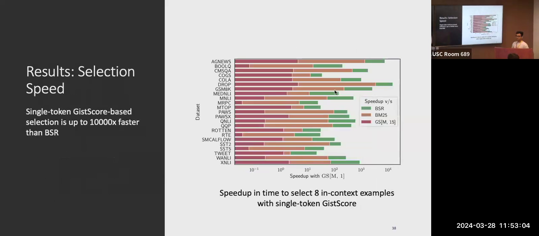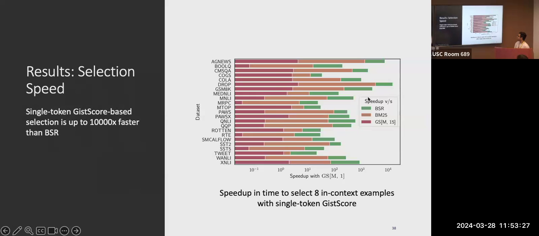And although BSR was better than the multitask model at some points, it's much, much, much slower, because it's matching each and every token, while we have to match only a few tokens. Here we have speedups with the multitask model versus different selection methods on many different data sets.